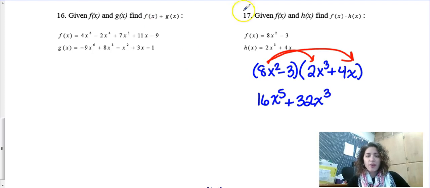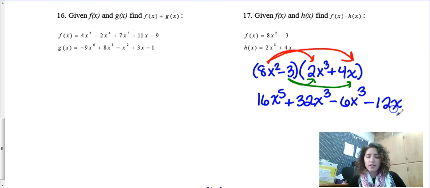We are not done yet though, because we just finished sending in 8x squared, but now we need to send in the negative 3. So negative 3 times 2x to the third is minus 6x to the third. And then negative 3 times a positive 4x is a minus 12x.